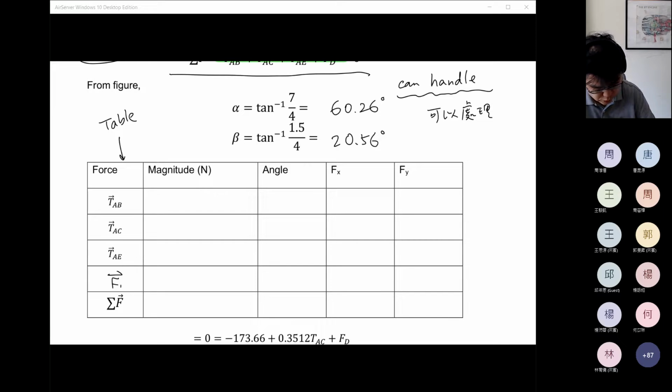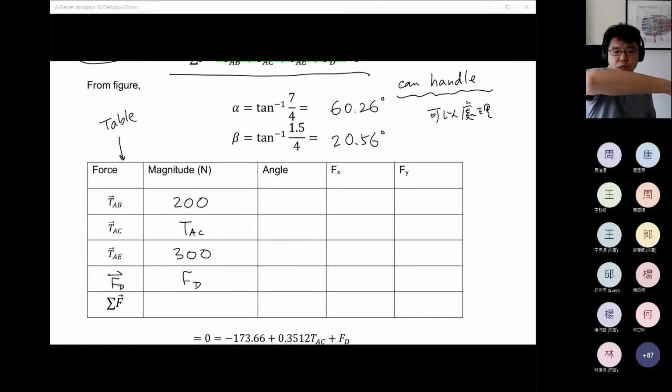Next, we go on to preparing the table. We know two of the forces, and we don't know the two others. For the magnitude, we know one of them is 200 newtons, one of them is 300. We don't know TAC, and we don't know FD either. For the angle, remember where is 0 degrees? 0 degrees is horizontal to the right, and then this one is from 0 to 90, and go on.